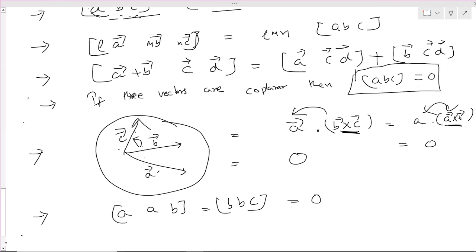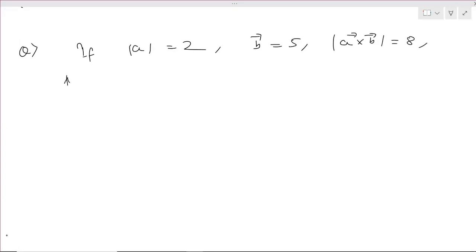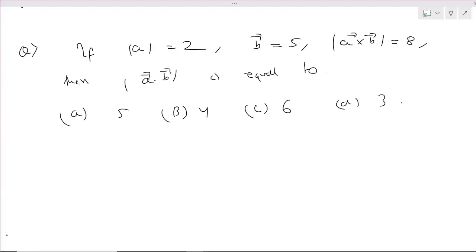Okay, let me give you one question. The questions are very easy in JEE Main vectors. So I hope you can solve this under 2 minutes. They have given mod A equals 2, mod B equals 5, mod of A cross B equals 8.